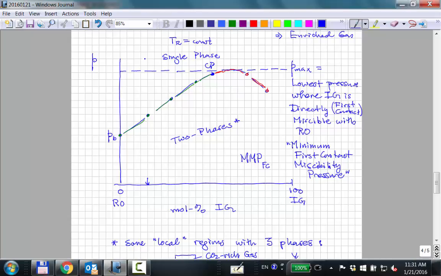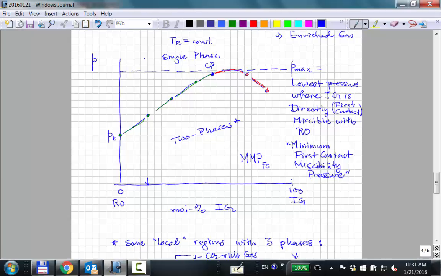Now, it ends up that you often can inject IG into reservoir oil at a much lower pressure and still develop miscibility. But that's a very complicated phenomenon going on. We're not going to go into it, but chapter 8 in the monograph, if you're real interested in that, chapter 8 discusses in detail how that can be.